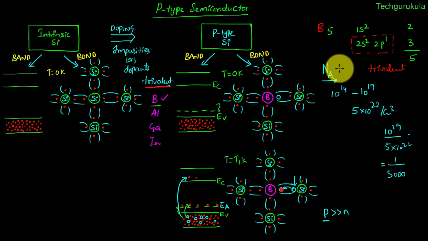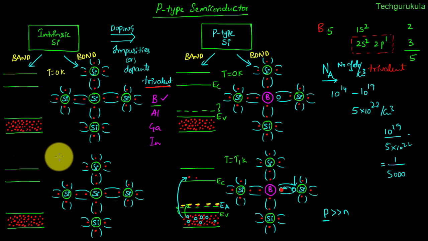And this is the number of dopants per centimeter cube. Because it accepted an electron, this trivalent impurity we added becomes a negative ion because it has one electron extra compared to its neutral state. So now we can say the states which are filled with the electrons are the negative ions that are present here.